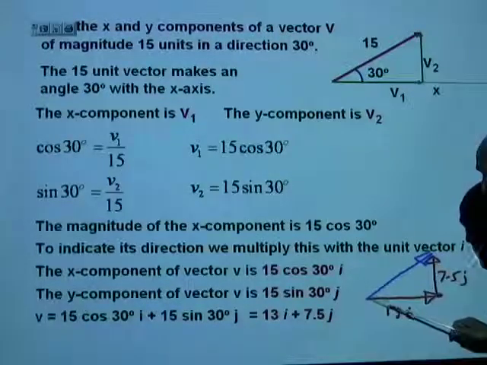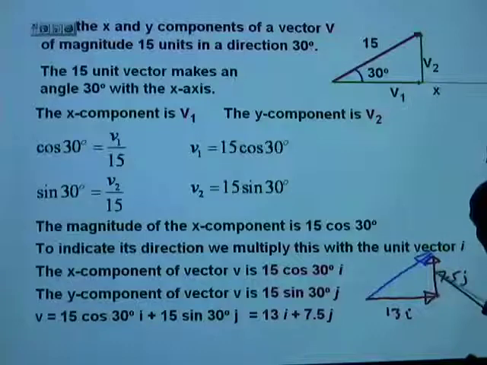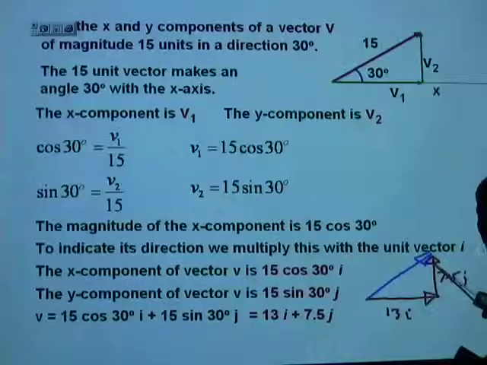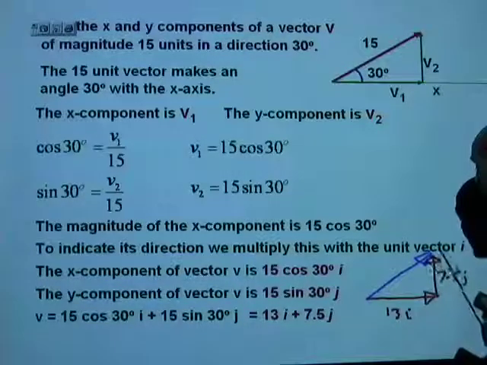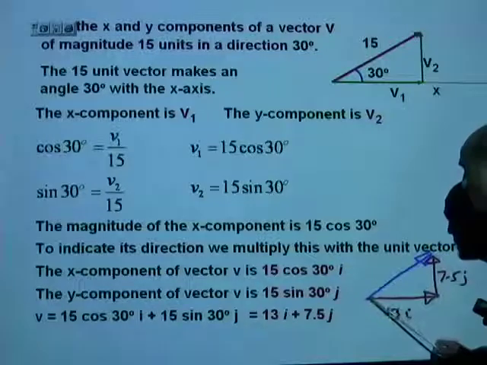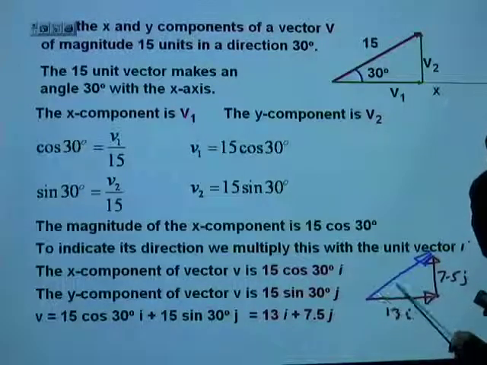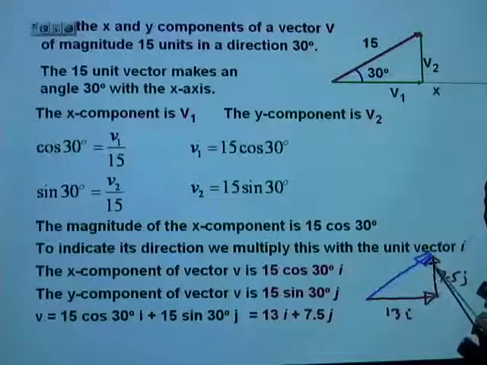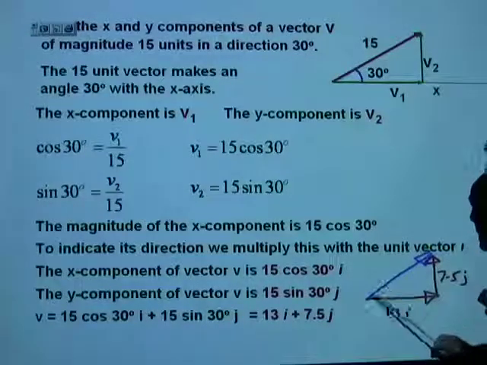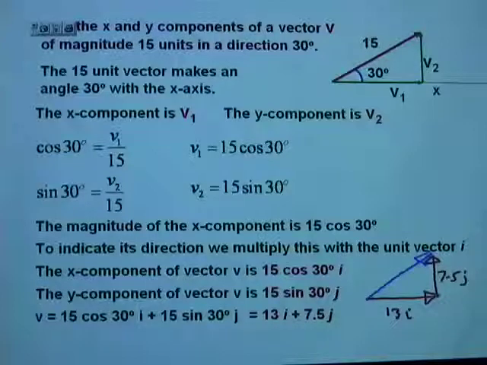So once you have the components identified, to find the resultant vector, all you need to do is join the tail of one component to the head of the second component. And this is the vector v.